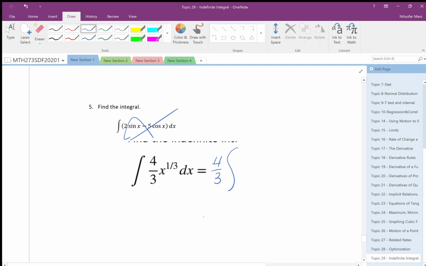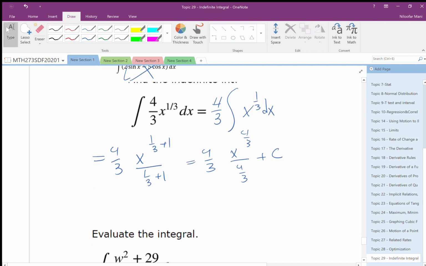And integral of x power 1 over 3 dx, which is 4 over 3 x power 1 over 3 plus 1 divided by 1 over 3 plus 1, which is 4 over 3 x power 1 over 3 plus 3 over 3, which is 4 over 3 divided by 4 over 3 plus c, which is 4 over 3 x power 4 over 3 times 3 over 4 plus c.